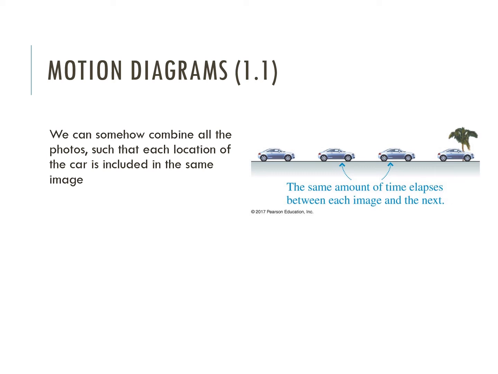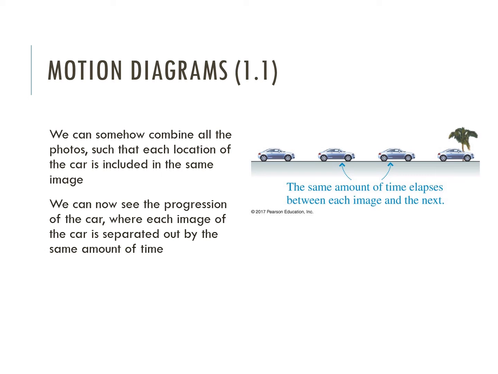And from our understanding, we still know that the car was moving to the right. So we know this is our first position and we've gone to our second, third, and fourth positions. And again, because we took these pictures, we know that the same amount of time passes between every single one of these images, which we said was 2.